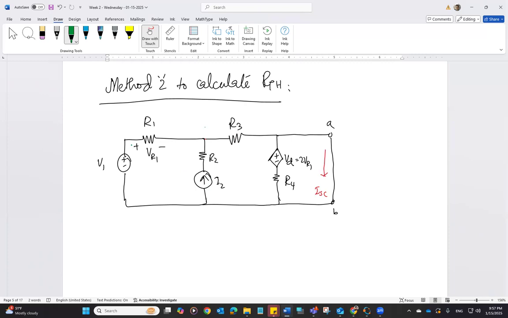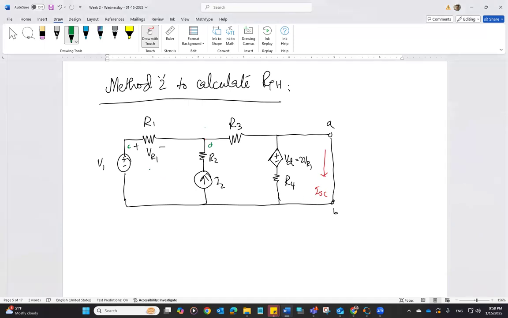Let's say we call this mesh A. We have this A, so I'm not going to repeat A. We have AB. So let's call this mesh C and mesh D.